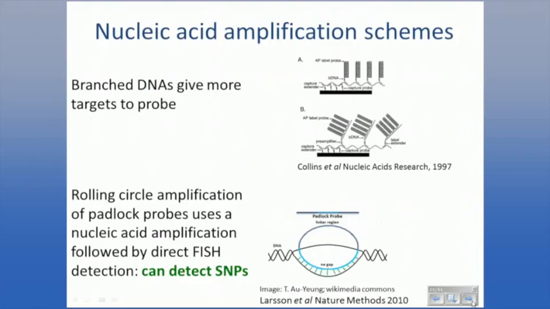There's also, in addition to the enzymatic amplification schemes, branched DNA or padlock probes. With branched DNA, you have your first probe, which may still be an LNA. It has an extended region sticking off the end of it, and that region is capable of binding to additional probes.